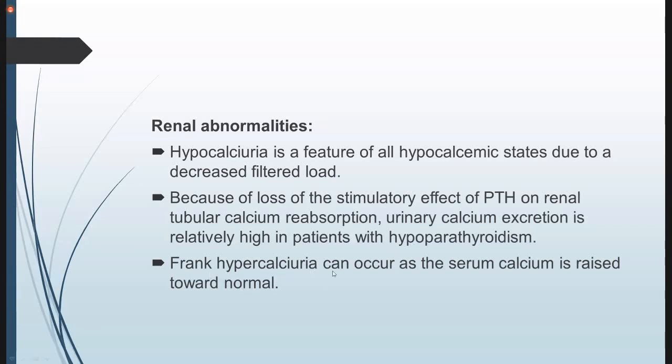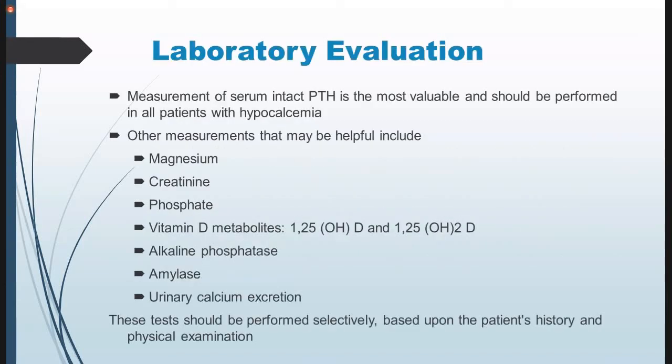Frank hypercalciuria can occur as the serum calcium is raised towards normal. So once you are treating a case of hypoparathyroidism with oral calcium, you have to maintain it in the mid-normal range, not in the high normal range. So roughly around 8.5 is nearly a good optimum target.